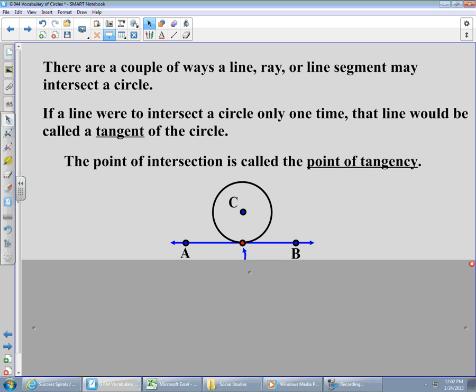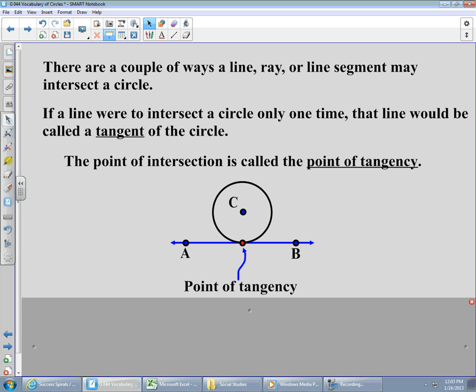It doesn't actually enter into the internal space of the circle. It just barely nicks it on the way by. And by doing that, we end up with a tangent. That one spot where it hits is what we call our point of tangency.